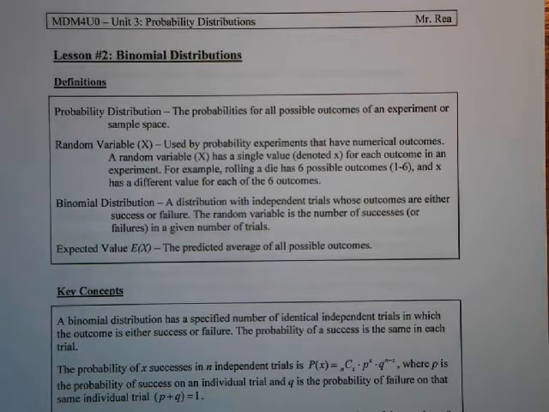The next three lessons, the second, third, and fourth of this unit, we're looking at very specific distributions. They're all kind of related to each other. Today we're going to look at the binomial distribution, and then in lessons 3 and 4 the geometric and hypergeometric distributions.